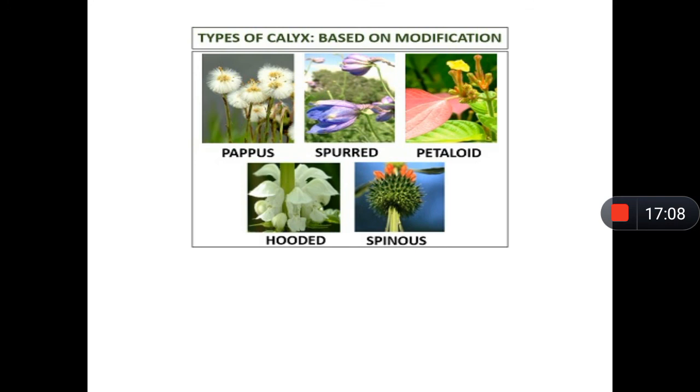So pappus, we can simply see how they are feathery, spur, then petaloids in case of the Mussaenda. Hooded, we can see there is a kind of a hood present above the flower, and in spinose you can see the spines emerge, they are modified into spines. This is all the types of the calyx.